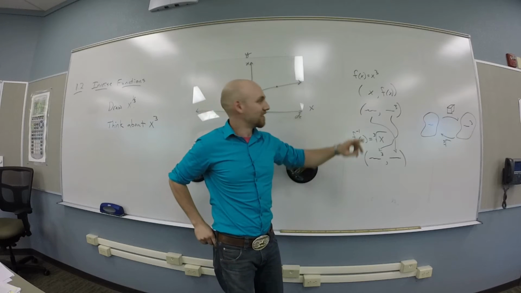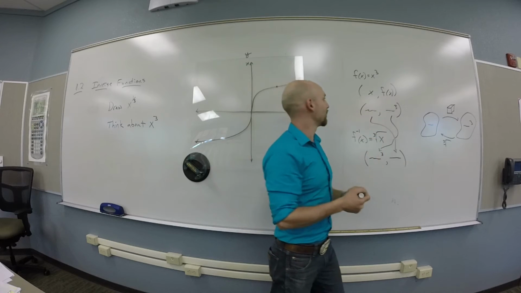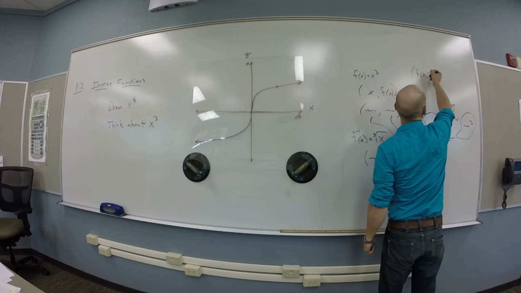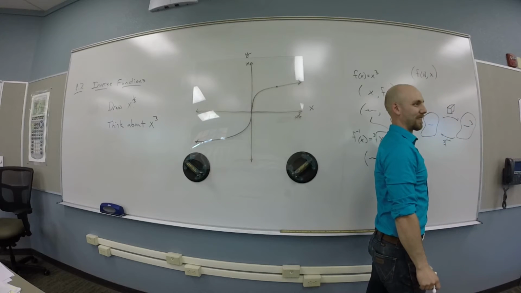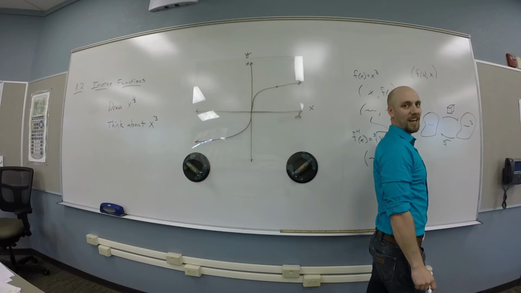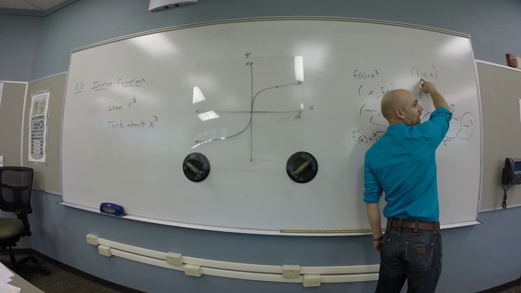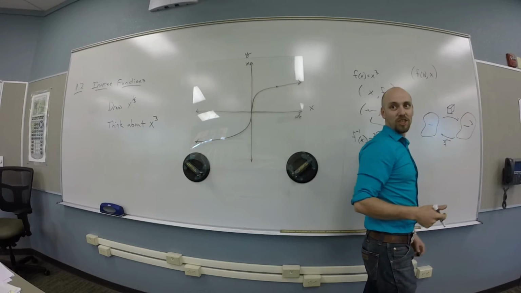They're always x comma f of x, and the inverse function is going to be f of x comma x. You guys see that? Because it's the undoing function. It takes stuff that had f done to it and undoes it. So it's always going to switch these roles.